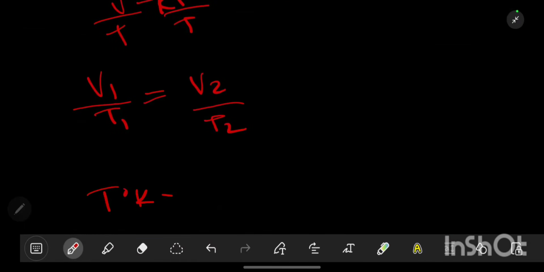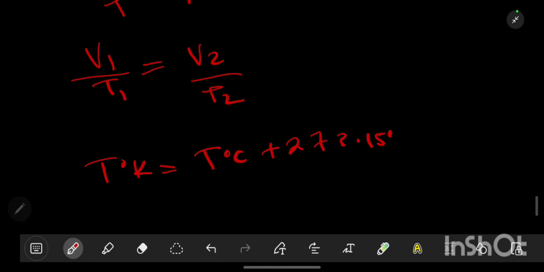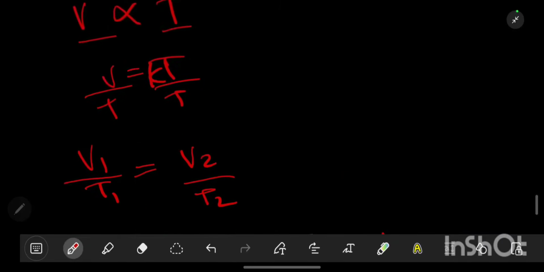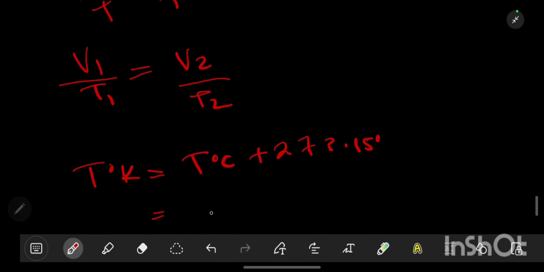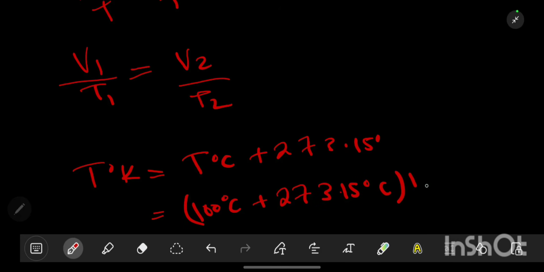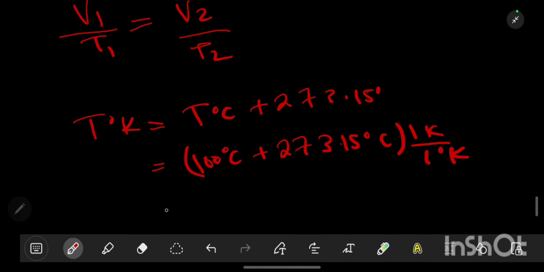The temperature in kelvins is equal to the temperature in degrees Celsius plus 273.15. So we have 100 degrees Celsius plus 273.15, with 1 Kelvin over 1 degree Celsius so that the Celsius units cancel.